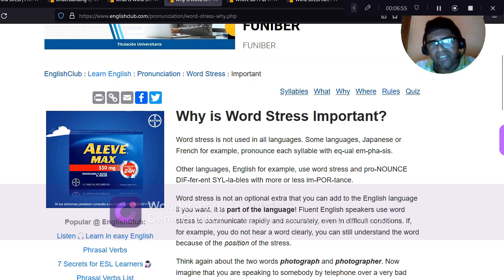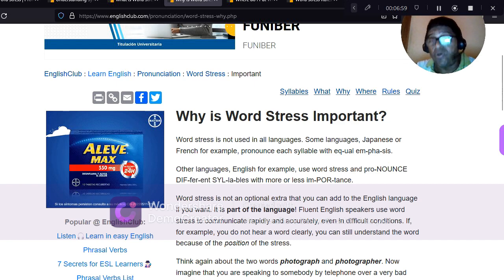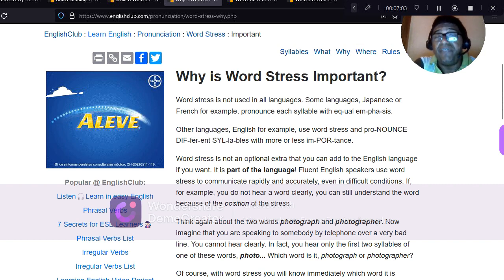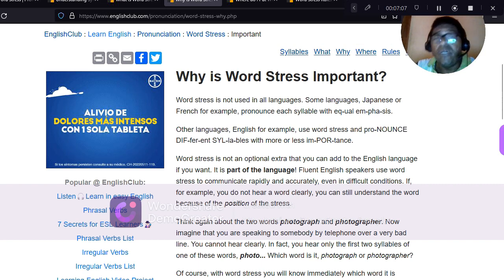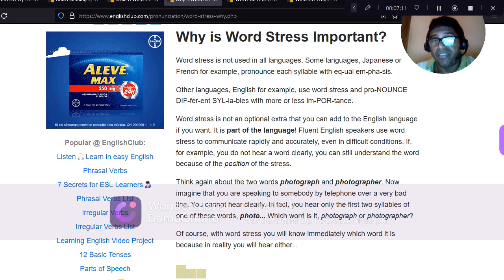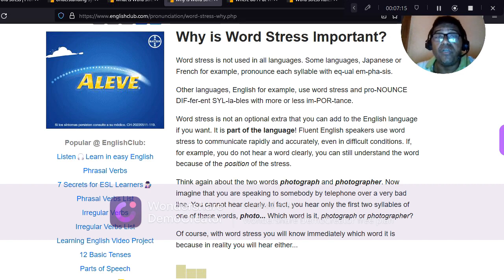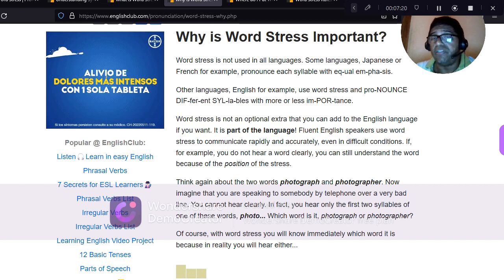Other languages, English for example, use word stress and give different syllables more or less importance. Word stress is not an optional extra that you can add to the English language if you want. It is part of the language. Fluent English speakers use word stress to communicate rapidly and accurately, even in difficult conditions.